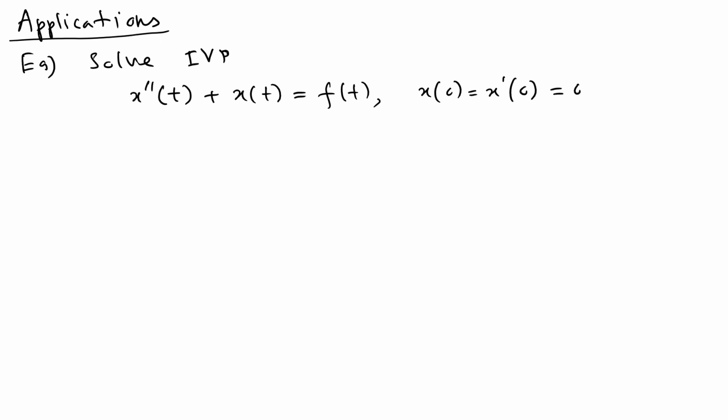Both are 0. Where the f of t function, the input function, is, let's say, 1 if t is in between 1 and 5, and 0 otherwise.